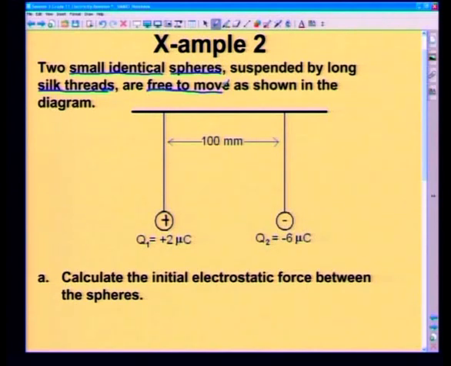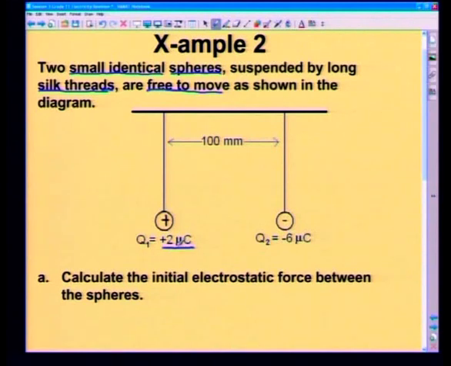So they can move, and because we can see this one is positively charged and that one is negatively charged, we expect them to be moving towards each other. They should be attracting each other. So we are also told that the charge carried by these spheres, this one has got a charge of +2 microcoulombs.